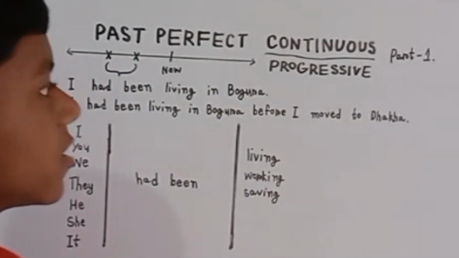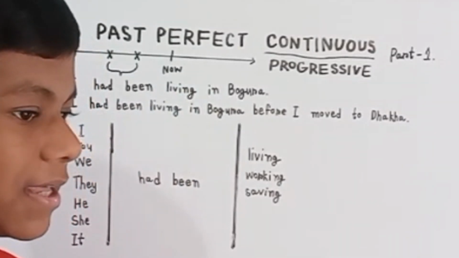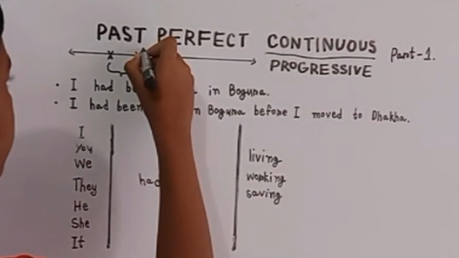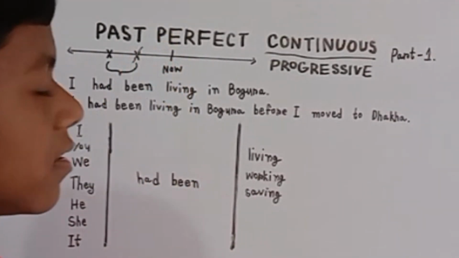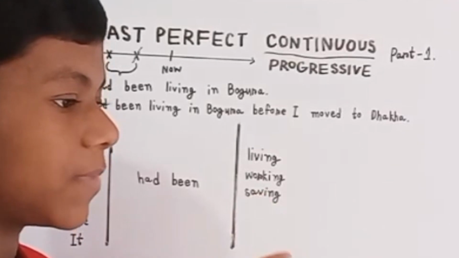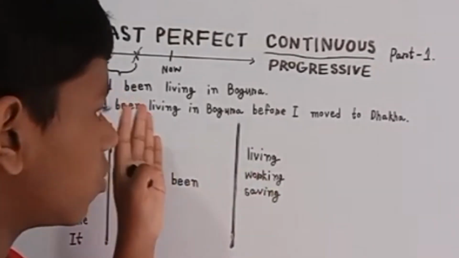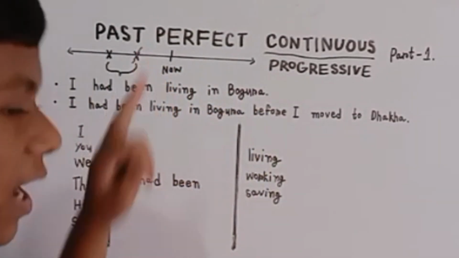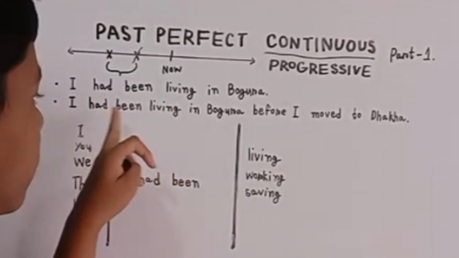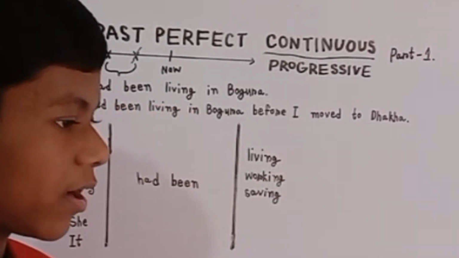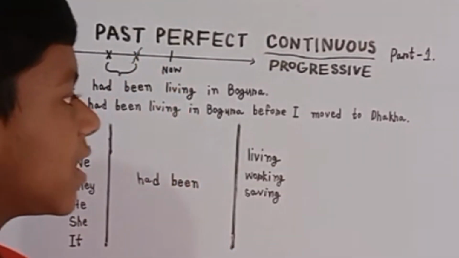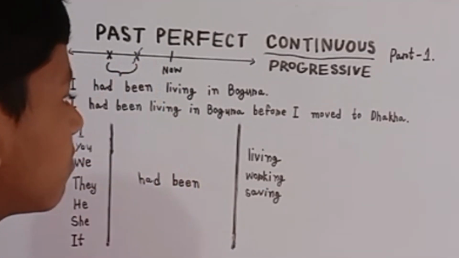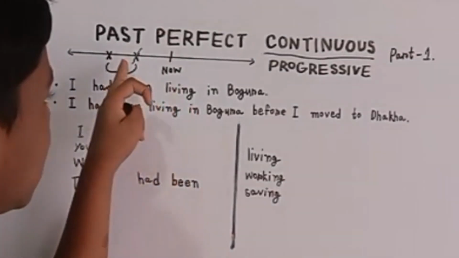But sometimes the past perfect continuous tense also works like this. Imagine we can drop this x. Something had been happening in the past, before I moved to Dhaka. So for example, before I moved to Dhaka, I had been living in Bogura. In the second x, imagine we moved to Dhaka, but before that we had been living in Bogura.